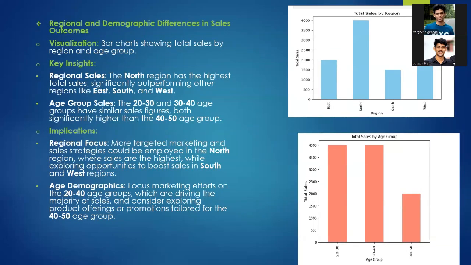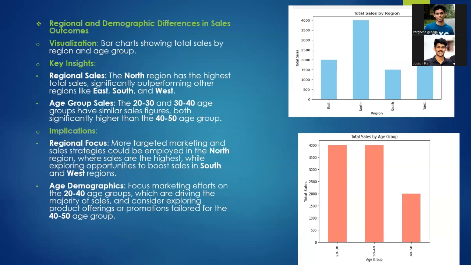This slide says about the regional and demographic differences in sales outcome. The regional and demographic analysis provides further clarity. Regarding regional insights, the north region outperformed others in sales, while the south and the west regions showed potential for growth.